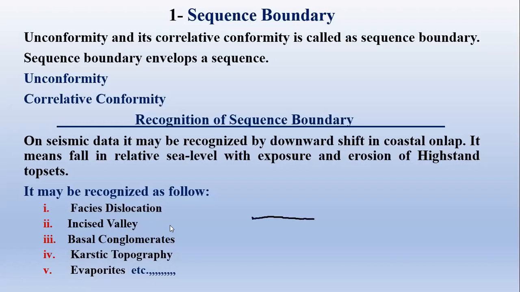Suppose this is a marine environment, and when sea level fall occurs, suppose sea level is at this position after the fall, then the fluvial system moving into the ocean erodes these regions, forming incised valleys in order to balance its profile with the new sea level. So this is another diagnostic criterion of a sequence boundary.